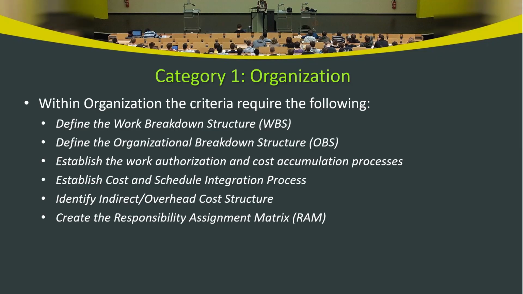Cost accumulation process refers to the method of collecting and recording all costs associated with a project or specific tasks. This includes direct costs such as labor and materials, as well as indirect costs like overhead.